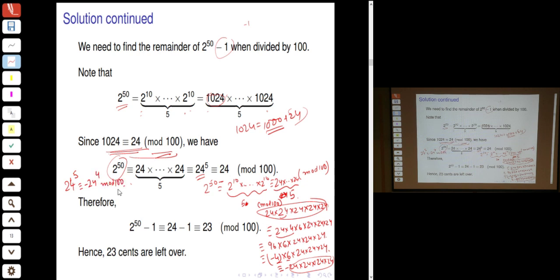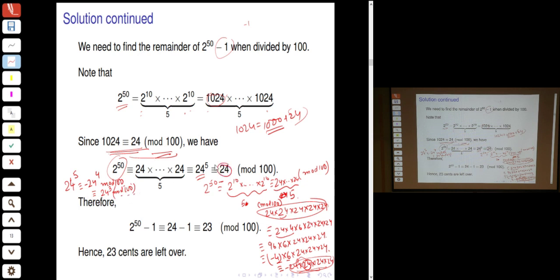And you can again take a 4 out of a 24, put it on another 24 to get a 96, and do the simplification to get 24 cubed mod 100. And you can continue until you get 24 mod 100.